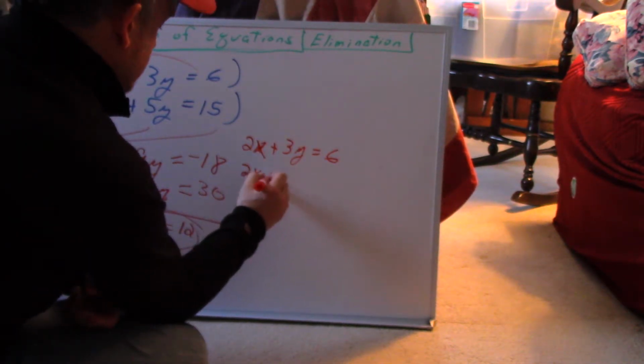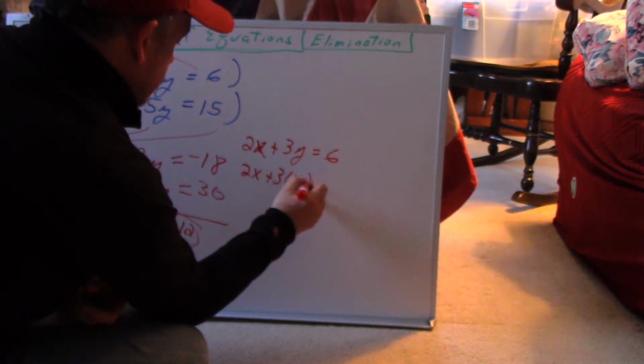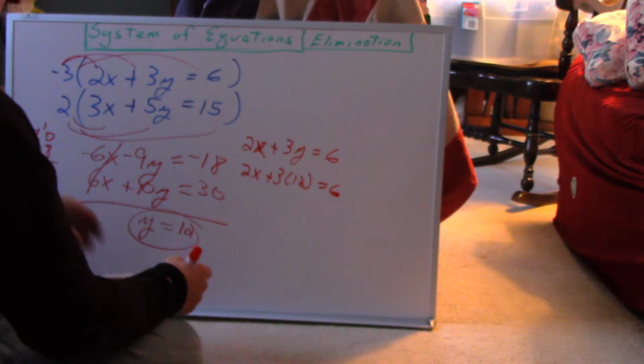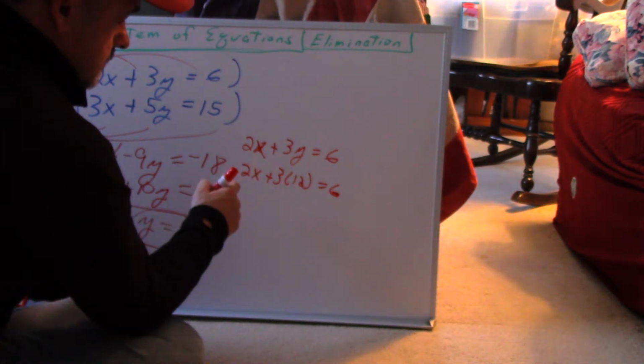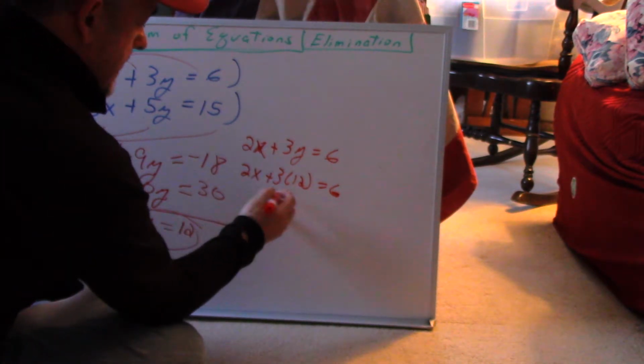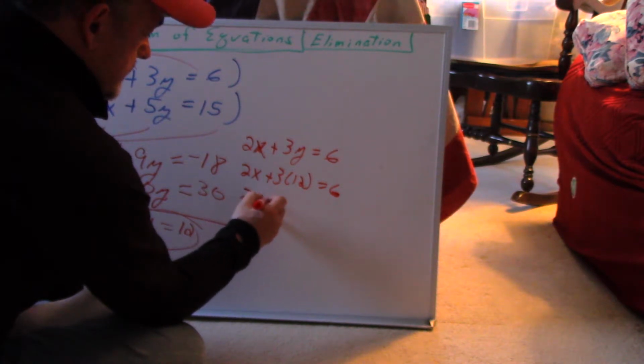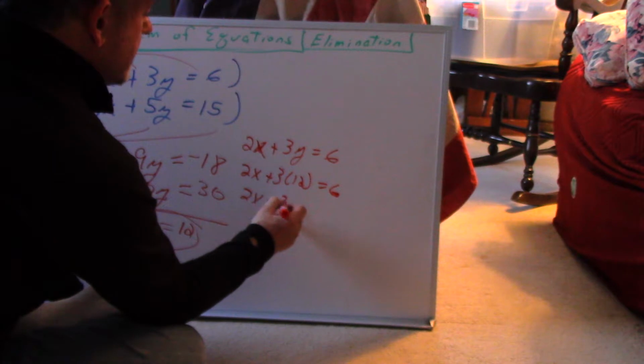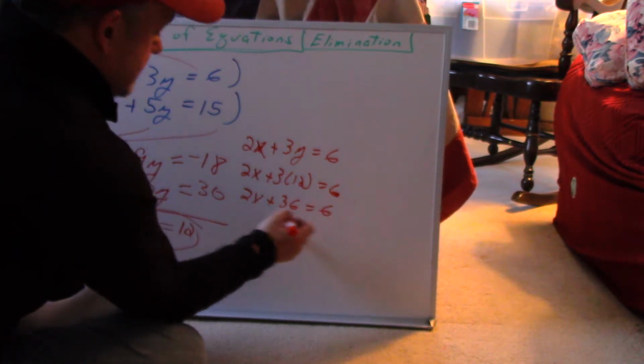2x plus 3 times 12 equals 6. 2x plus, what's 3 times 12? 36 equals 6.